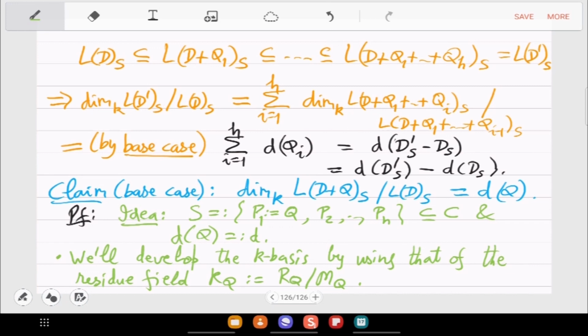t² − x. So you are saying why don't you take the polynomial ring. So where is t² − x mapping to?